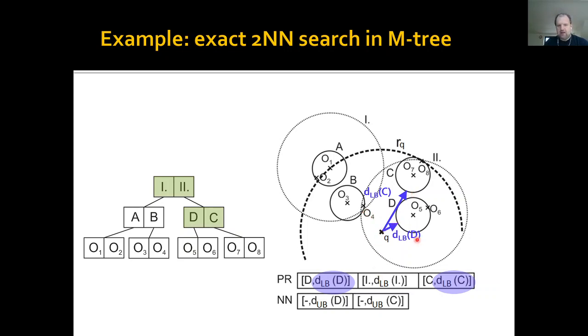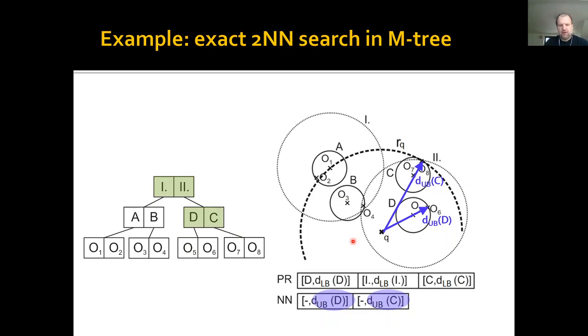And we also update the nearest neighbor array by the upper bounds. So we have these upper bounds. One upper bound is to some objects in C, and the other is to some objects in D. So the farthest possible second nearest neighbor is at this distance, so the radius dropped to here, and we still cannot filter anything because it's still too large to match everything.